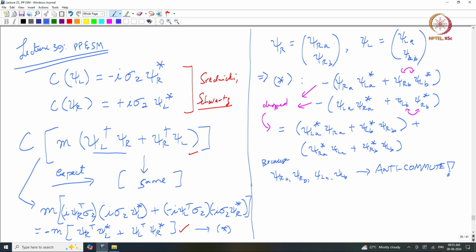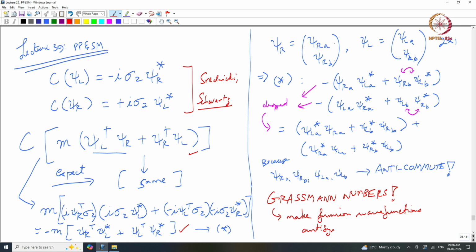This is not just a 2 cross 1 matrix. The numbers that populate this matrix are very special numbers. They are called Grassmann variables or Grassmann numbers. You need to populate spinors with Grassmann numbers in order to make fermion wave functions anti-symmetric.